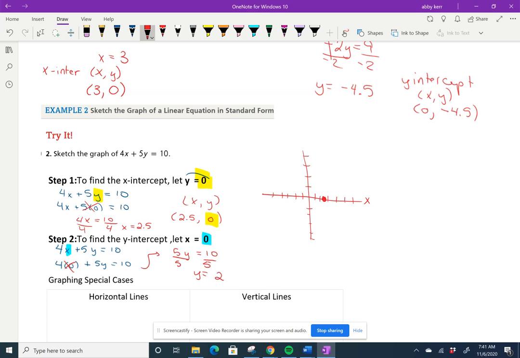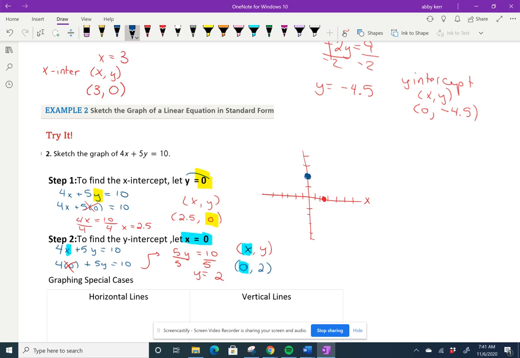And y equals 2. Go back to that ordered pair, x comma y. This time I said x was 0. So we're going to put 0 in for our x value, and we found our y to be 2.